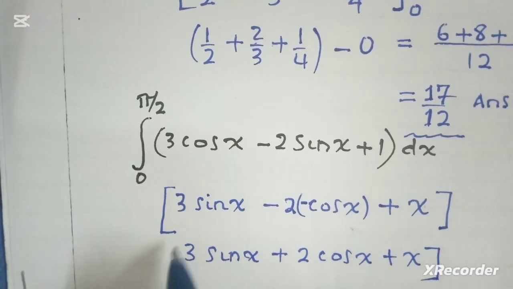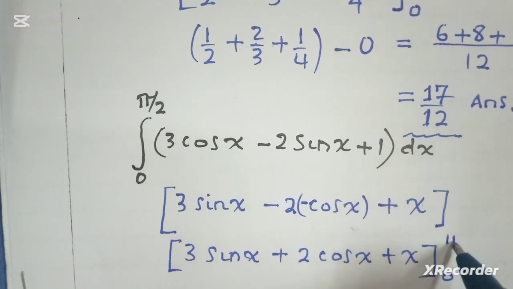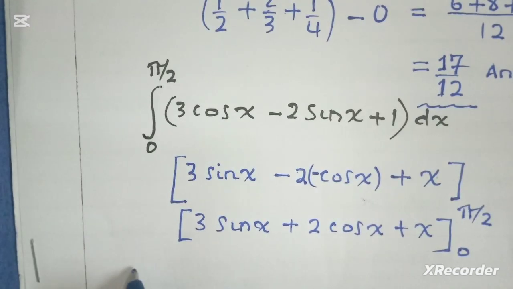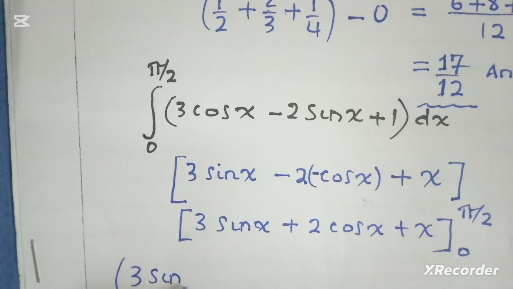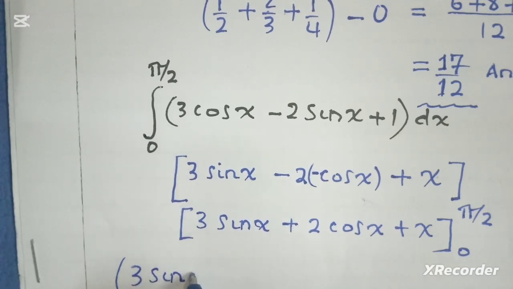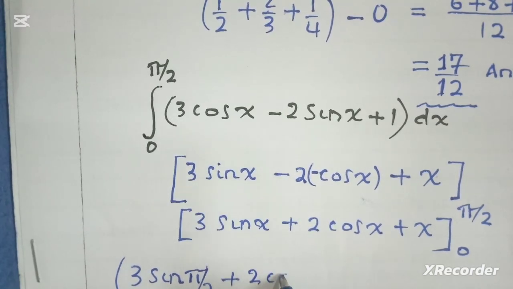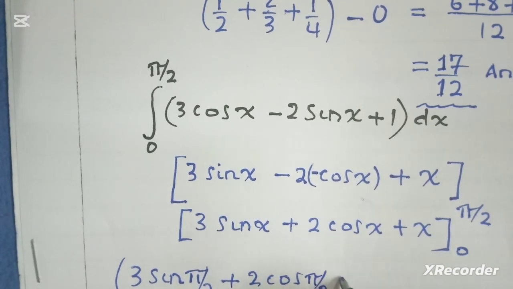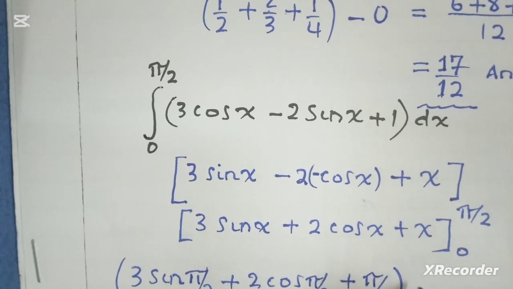Now we can put our limits. Our limits is from 0 to pi over 2. So let's begin by putting pi over 2. If you put pi over 2, you shall have 3 sine pi over 2, and of course pi over 2 is 90, plus 2 cos pi over 2, plus pi over 2, like that, minus.